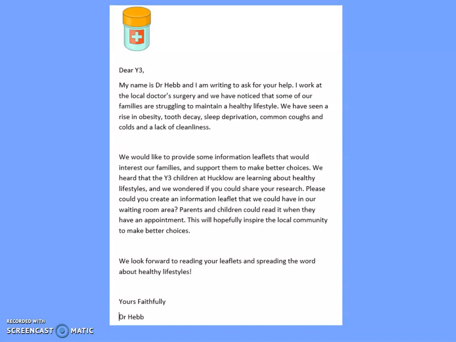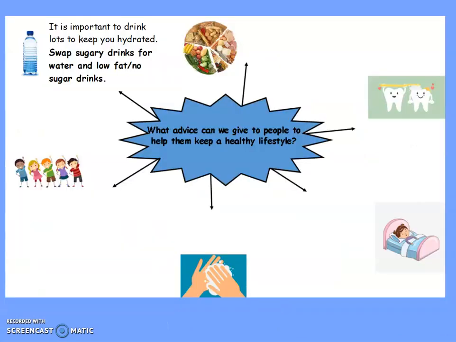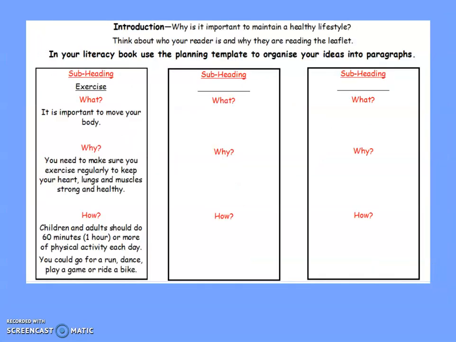Just to recap what we've already done this week. On Monday we looked at some information leaflets and we summarised the information that was in them. Tuesday we were brainstorming ideas of advice that we could give to people to help them keep a healthy lifestyle. On Wednesday you were organising your ideas into paragraphs using subheadings and 3 questions: what, why and how.